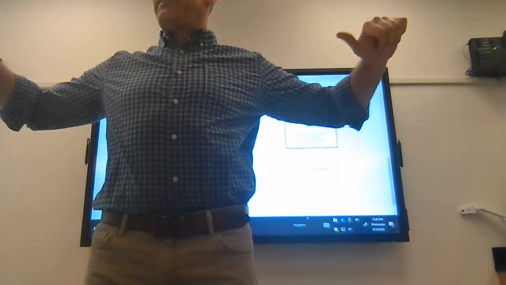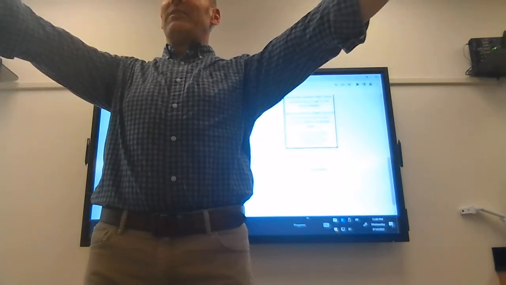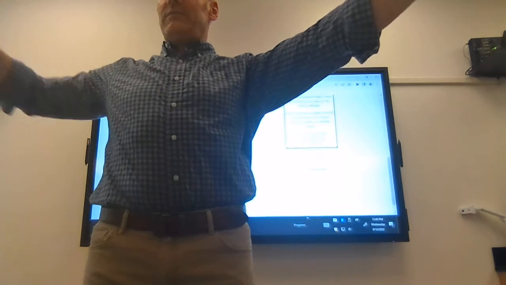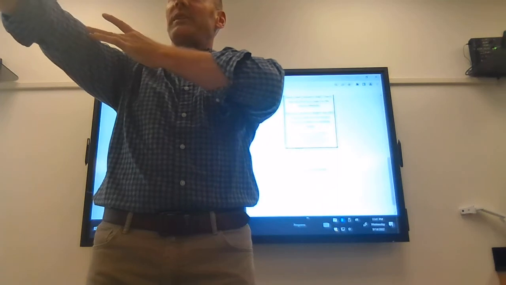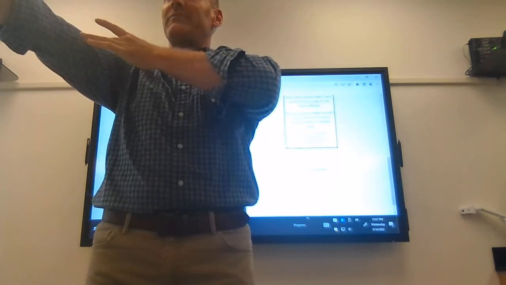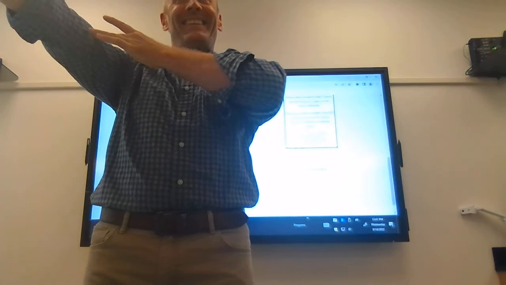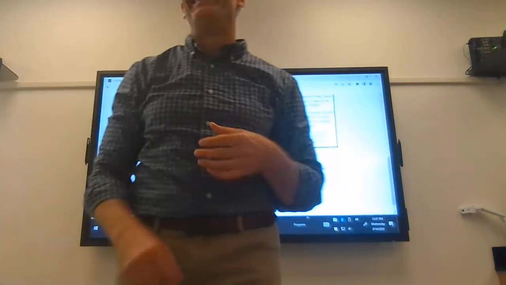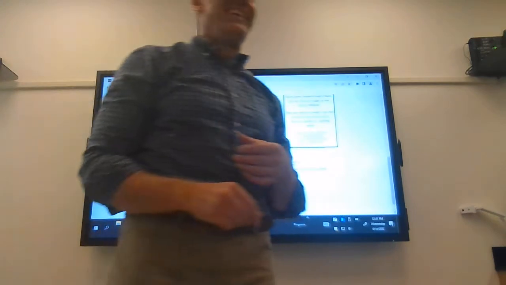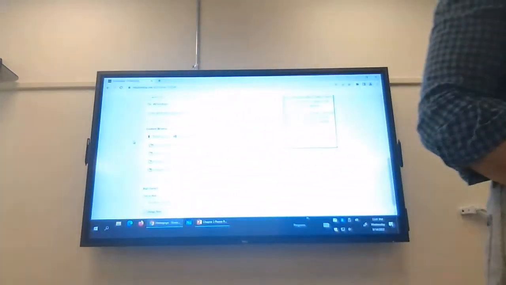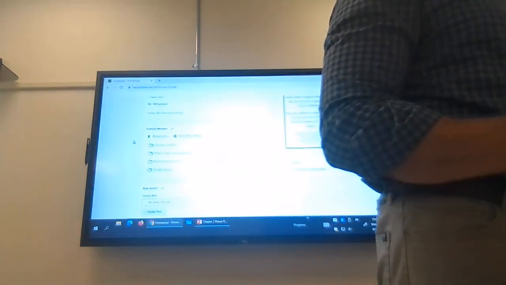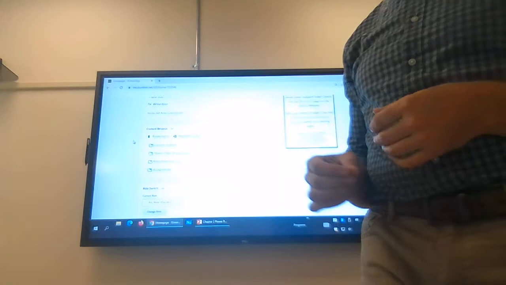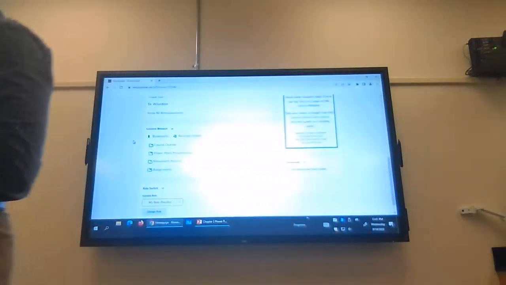I'm going from here to here. What's my shoulder joint doing? Horizontal adduction. Yes. Very good. It is horizontal adduction. Mostly. It's not perfect because we don't flare our elbows on a bench press, but it's mostly horizontal adduction.